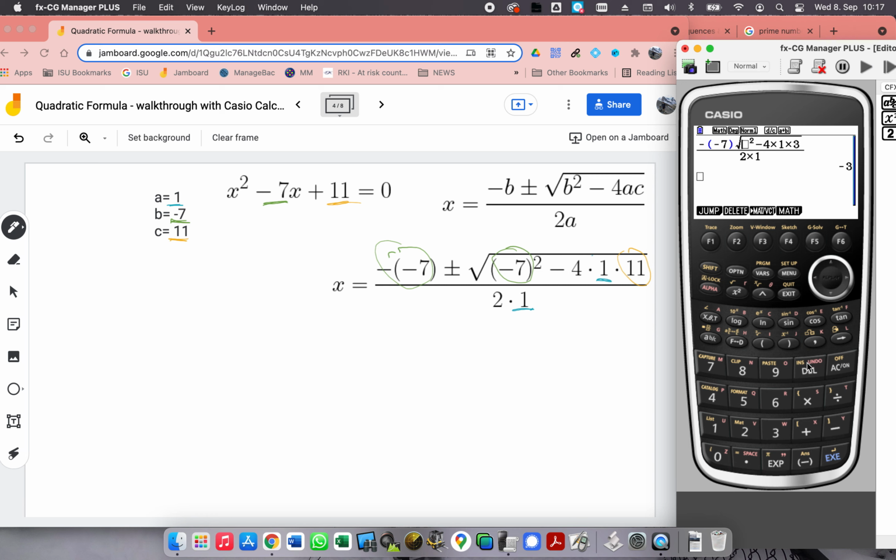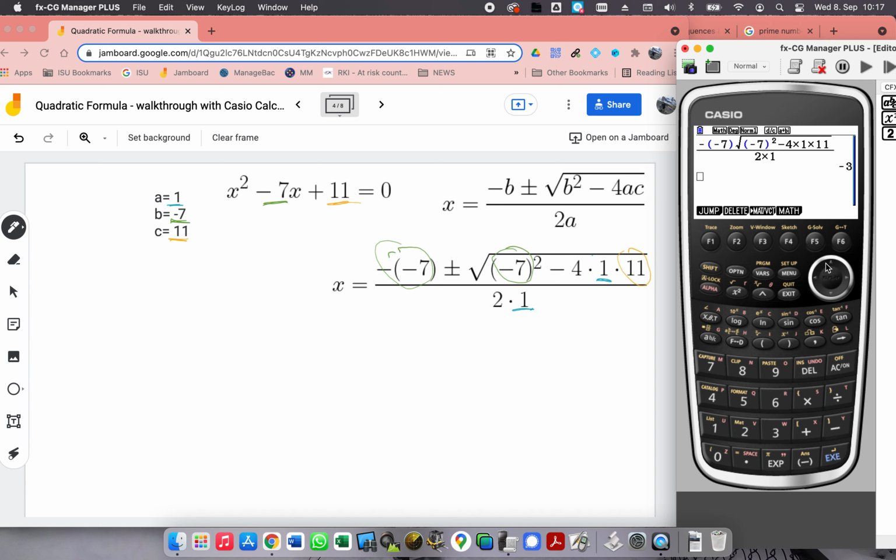And then this is minus 7 squared. It's very important I put this in brackets, because minus 7 squared is actually 49. 4 is part of the formula, so that doesn't change. In this case, A is 1 again, so I need to change that. And C is 11. And on the bottom I don't need to change anything.